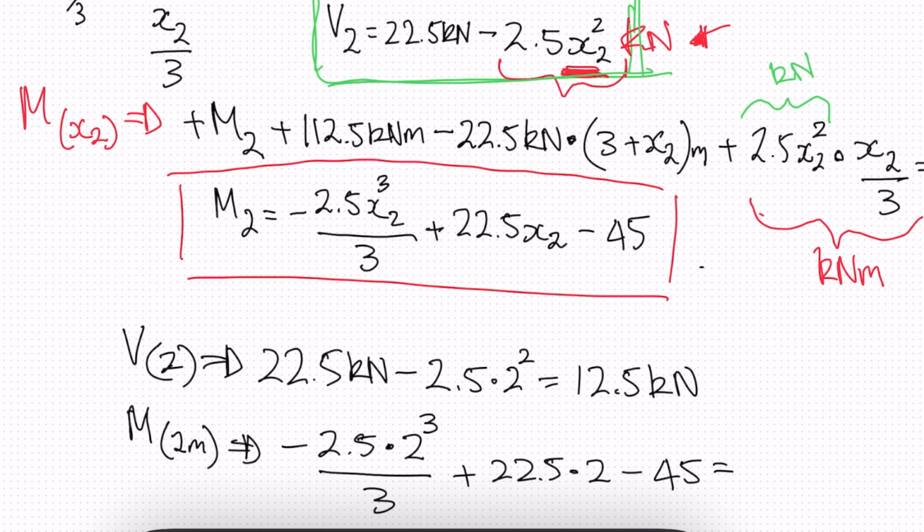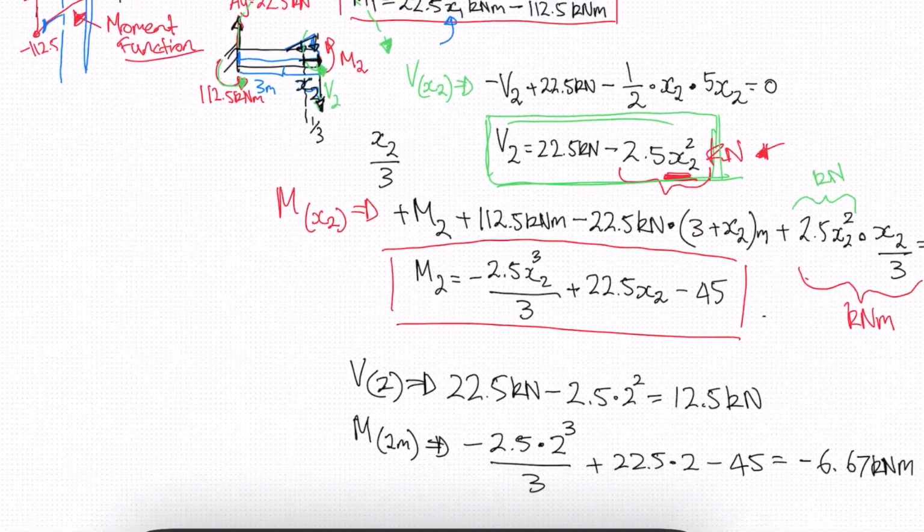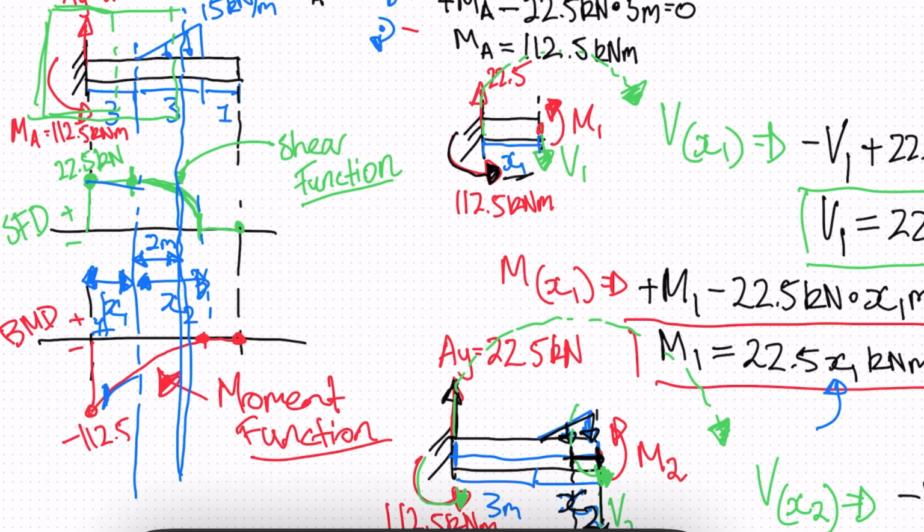And this will be equal to negative 6.67 kilonewton meters. So what that means is, at this point in our beam, which is 5 meters across, we found the shear value to be 12.5 kilonewtons, and our moment to be negative 6.67 kilonewton meters.